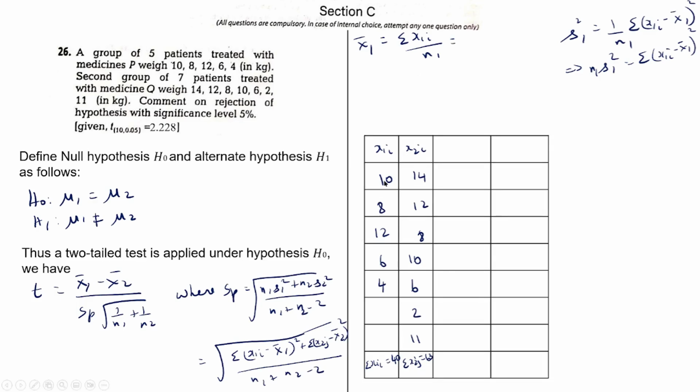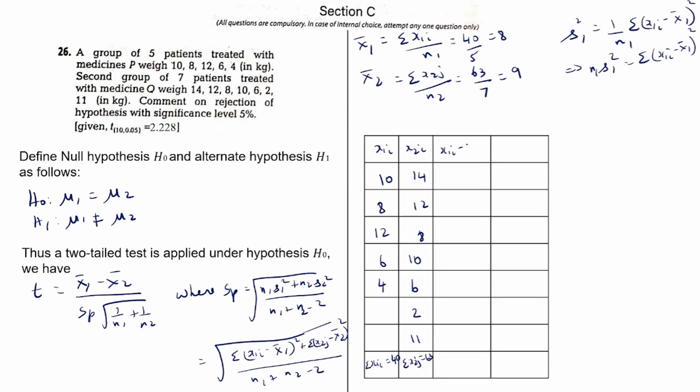Here the number of patients is 5 and sigma x1i is 40, so this is 40 by 5 which is 8. And next we have x2 bar, it is sigma x2j upon n2. When we add all these, it is 63 and the total number of patients is 7, so this is 9.